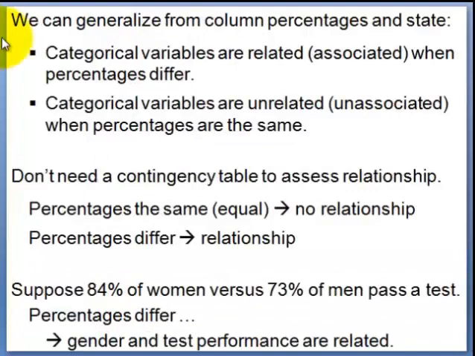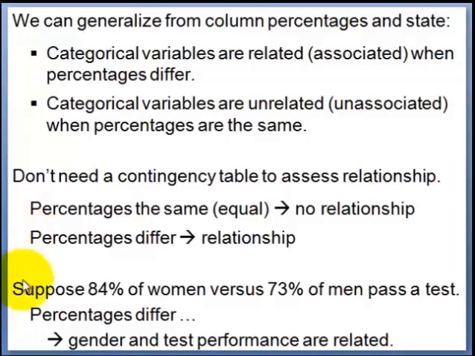We can generalize and be a little bit less formal here and simply summarize and say categorical variables are related when percentages differ, and that categorical variables are unrelated when percentages are the same. And let me mention that one doesn't need a contingency table to assess relationship between categorical variables. When percentages are the same, there's no relationship. When percentages differ, there is.